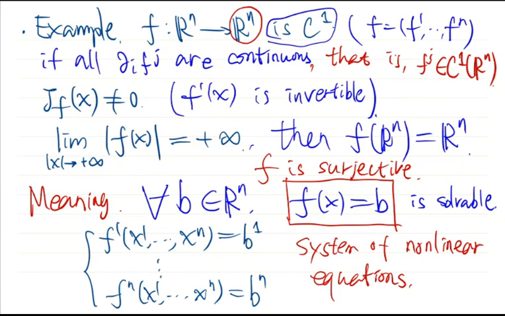If the system is solvable, the structure of the solutions is all understood. But for nonlinear equations, this is very difficult. So this example is about when a map is surjective, and this problem is related to the solvability of nonlinear equations. Therefore, it's very important.